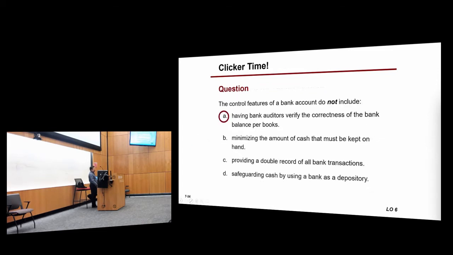Go ahead, you have 30 seconds or so. Control features other bank accounts do not include. And trust me, it always happens. Please don't do anything silly.